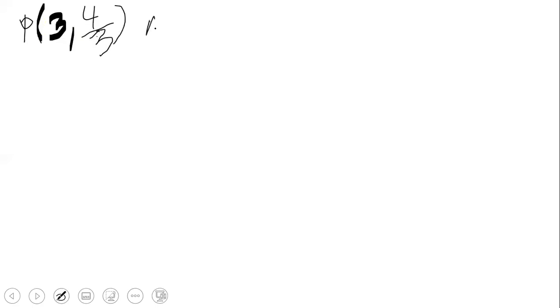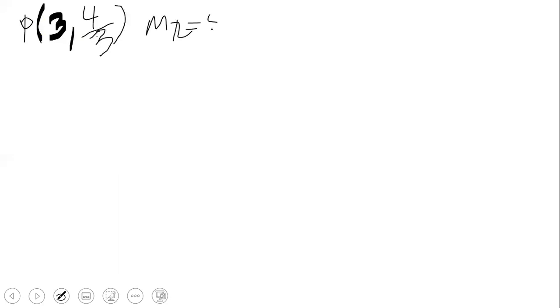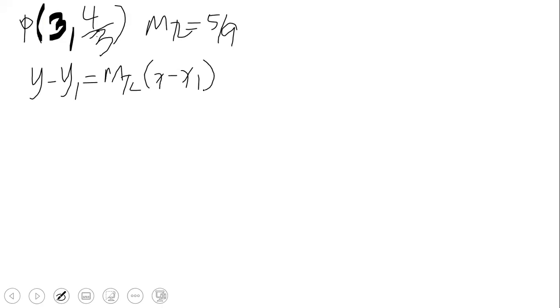Then you also have the slope of the tangent line, which is equivalent to 5 over 9. So, y minus y sub 1 equivalent to the slope of the tangent line, x minus x sub 1. So, this time, i-plug all those values. So, y minus 4/3 equal to 5 over 9 times x minus 3.